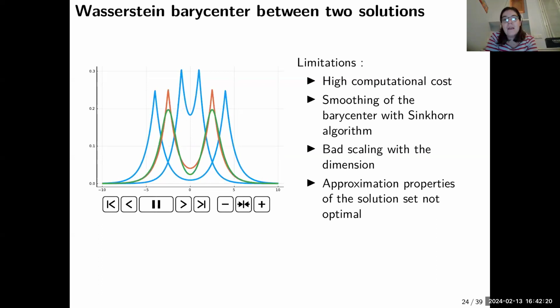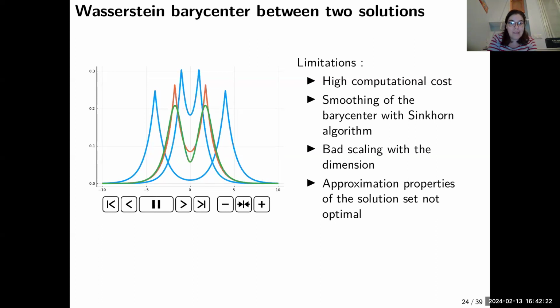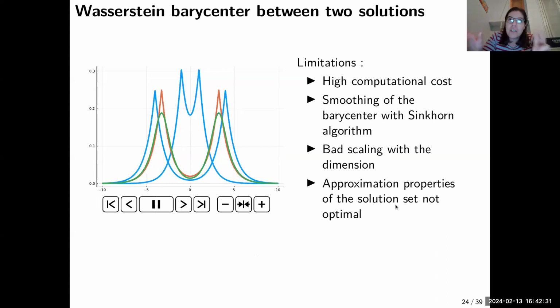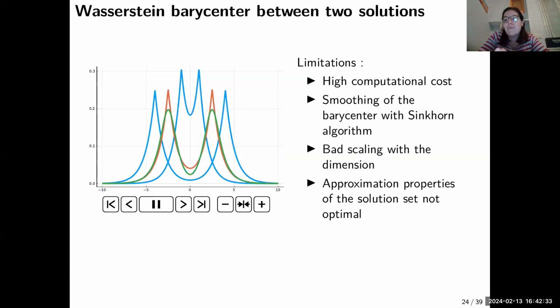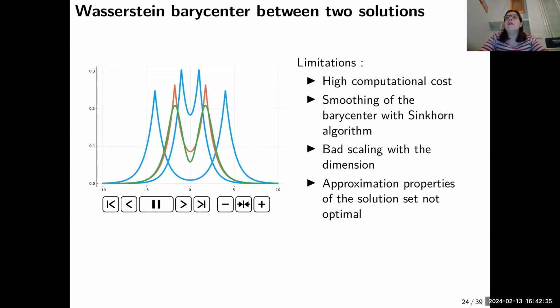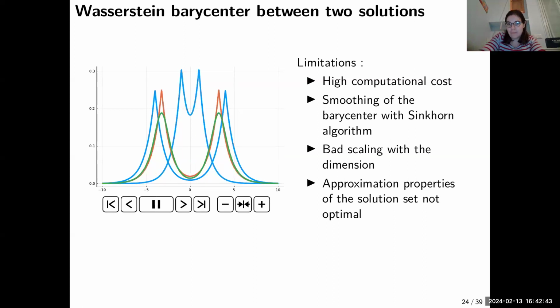So for 3D electronic densities, it just wouldn't be affordable. And in addition, this approximation property, the fact that the Wasserstein Kolmogorov n width decays like n to the minus 5 half, well, it's not great. We can hope to do better than such an algebraic rate.